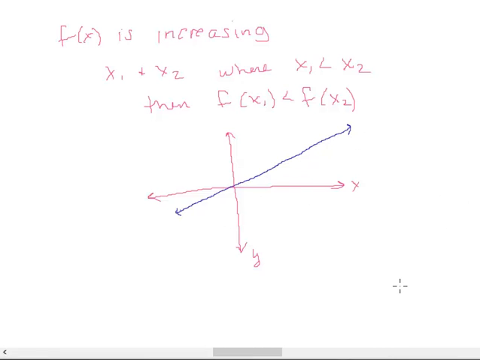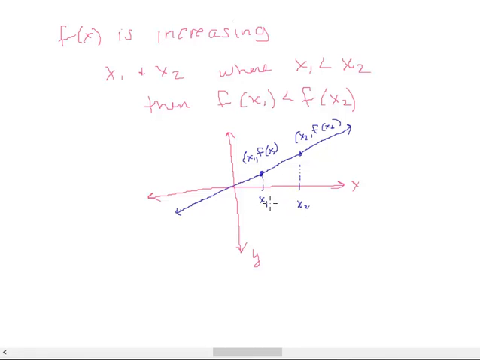So where does this definition come from? Well, if I'm considering an interval on the x-axis, let's say this is x1, we'll say this is x2. f of x1 is this length right here, because this point would be x1, f of x1. So f of x2 would be this length, because this point would be x2, f of x2. This makes sense.